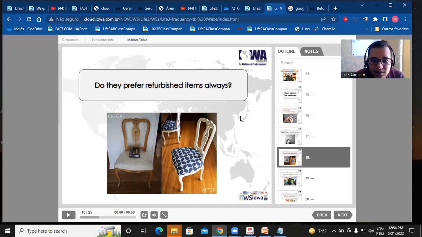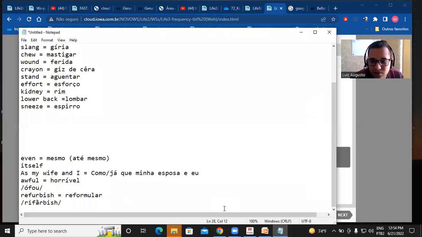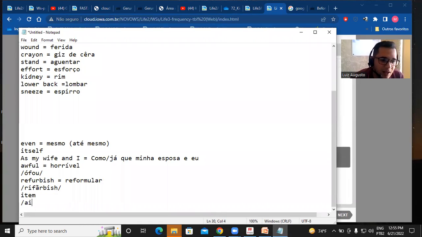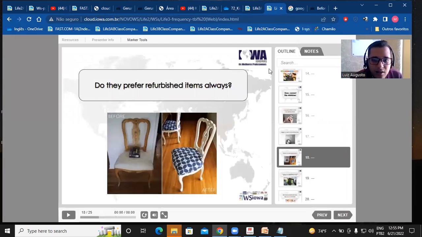Depois eu treino. It's allowance. Allowance tá no lugar errado. Items. Item. Do they prefer refurbish iron?